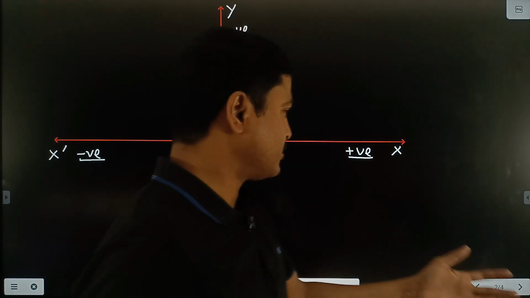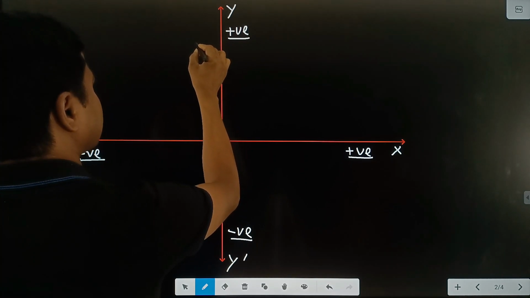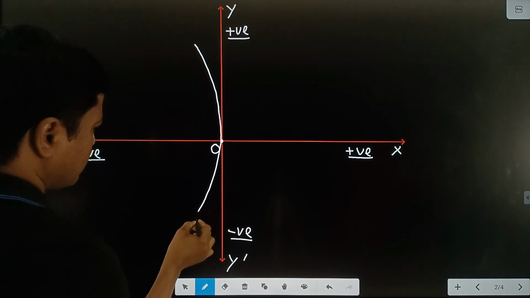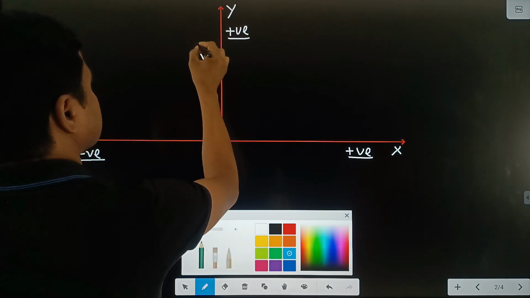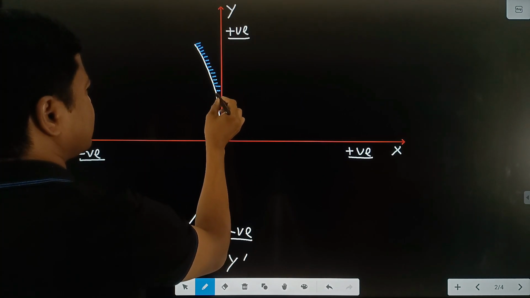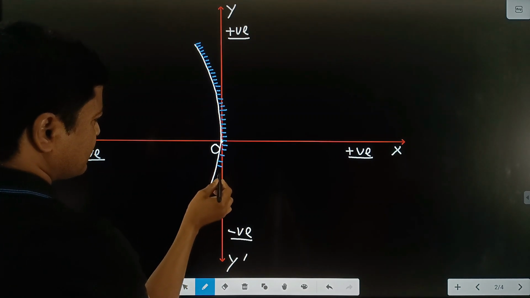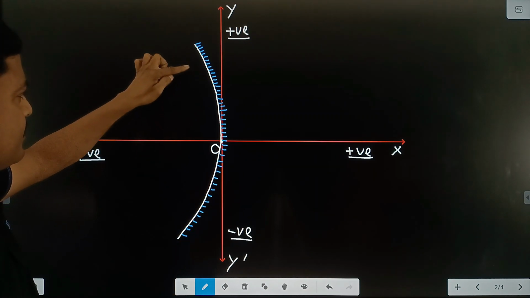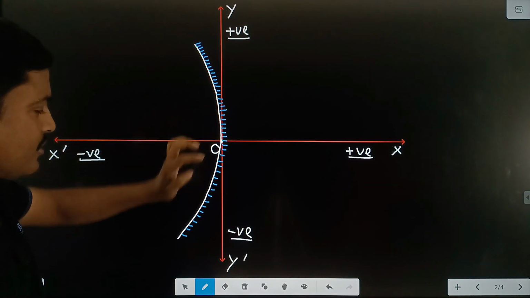Clear? And for this, suppose you draw a concave mirror, and its outer surface is silver coated. Suppose this one is the outer surface. Silver coated means that is the non-reflecting surface. The inner surface, this side, is known as the reflecting surface.